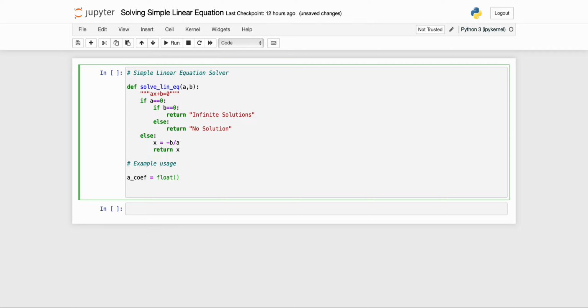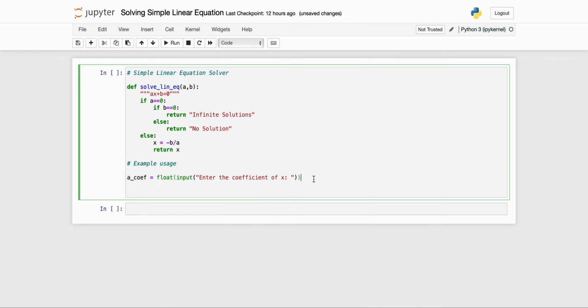So we want it to be float, because when they put in the input, the script would think of it in terms of string, but we want to convert it to float. So let's say enter the coefficient of x.